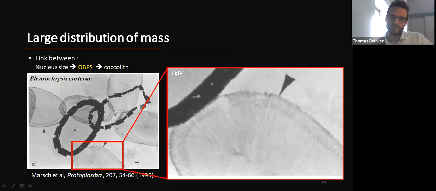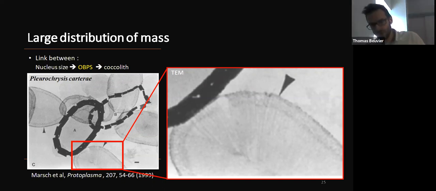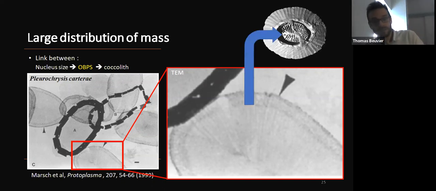And they prove that the nucleation of calcite happens all around this organic base plate. You see also the fibrous structure of this organic base plate, and these fibrous structures look like the grid of the coccoliths.